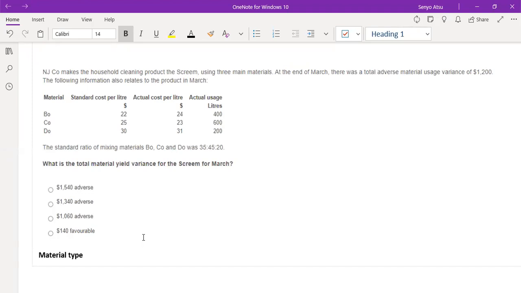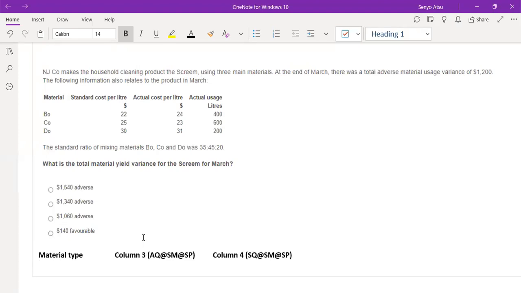Yield, I'll think about column 3, actual quantity at standard mix at standard price. Then I'll think about column 4. Don't worry about spellings. Nobody sees this in the objective test. Standard quantity at standard mix at standard price.